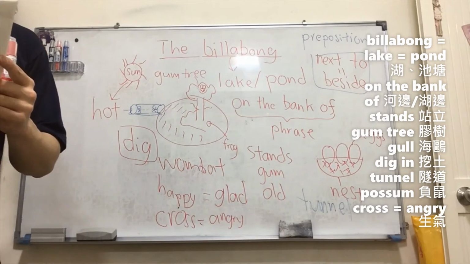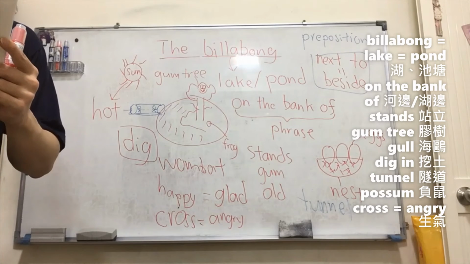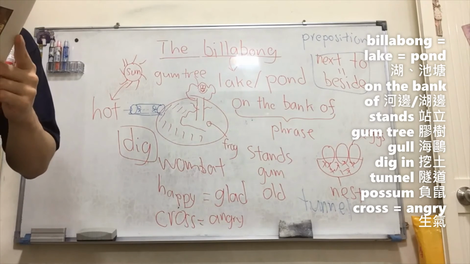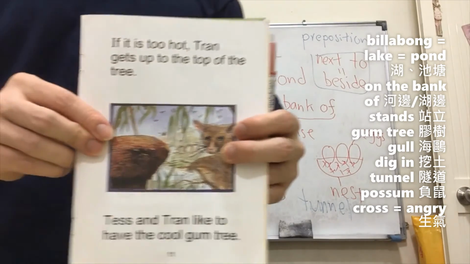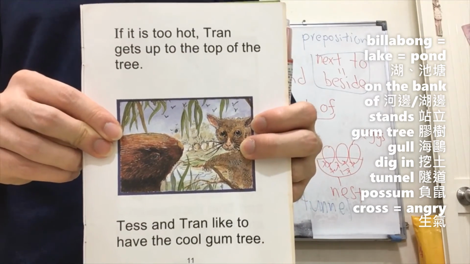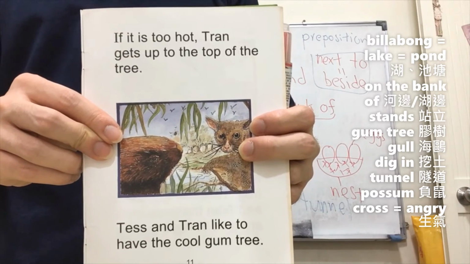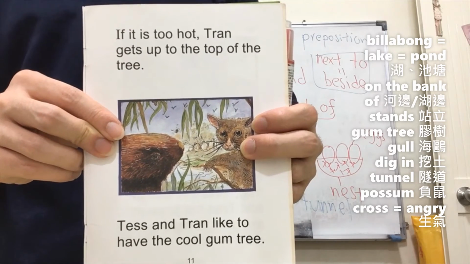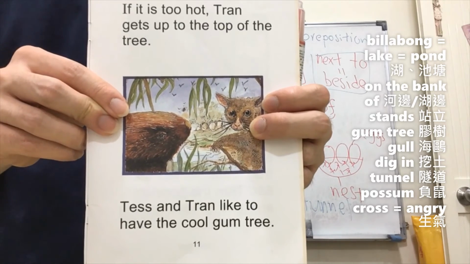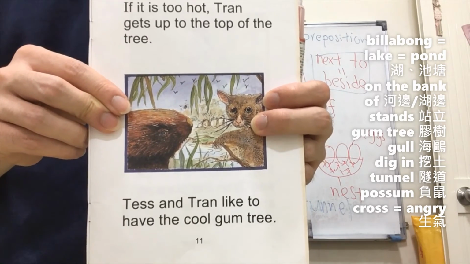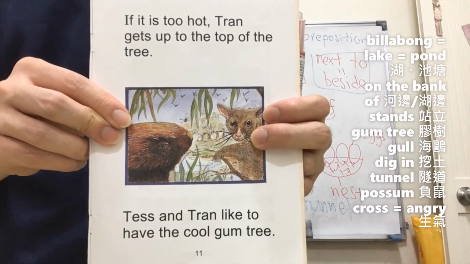If it is too hot, Tran gets up to the top of the tree. Tess and Tran like to have the cool gum tree.